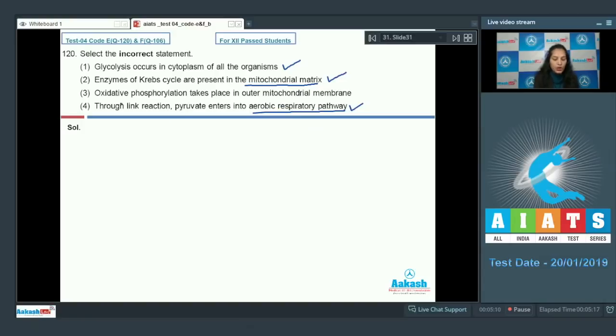See the third one, the oxidative phosphorylation. The ATP production through oxidation of food takes place in the outer mitochondrial membrane. No, it takes place in the inner mitochondrial membrane, not in the outer mitochondrial membrane. So the incorrect statement is the third one. So the correct option for the given question is option number 3. Let's move on to the next question.